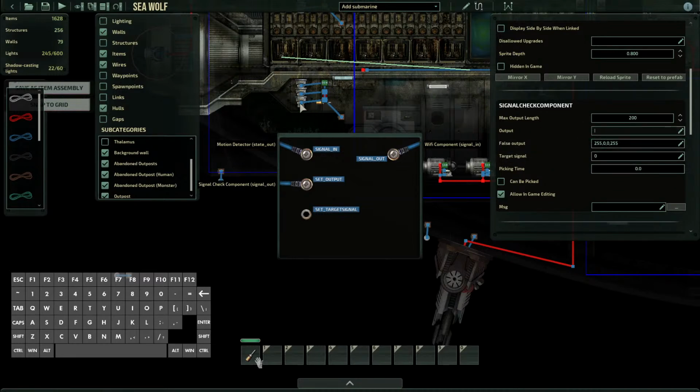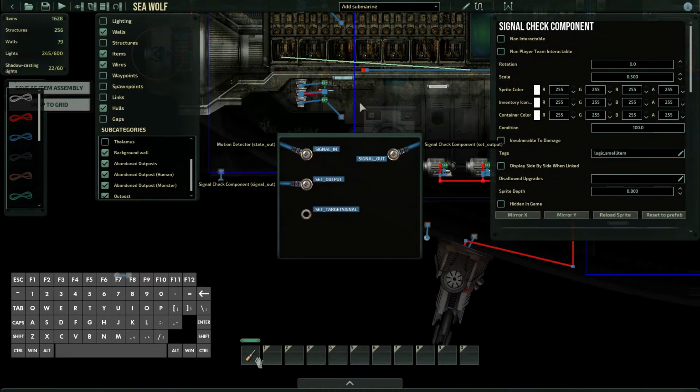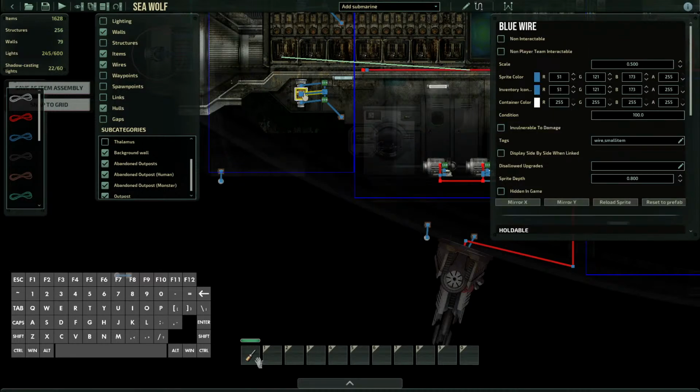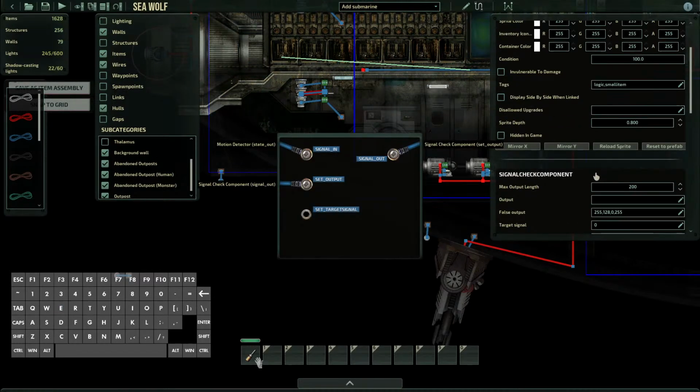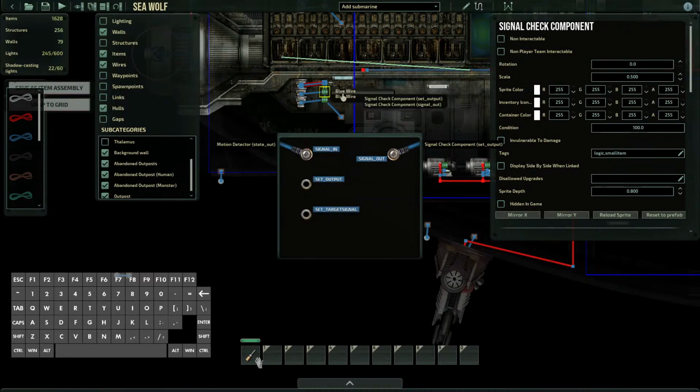If the 250 is not tripped, but the 500 is, now this one is sending out its false output, which is amber. If this one is also 0, the target signal of the signal check block is 0, and so the true condition is output, and the true condition output of this one is the output from the previous signal block.